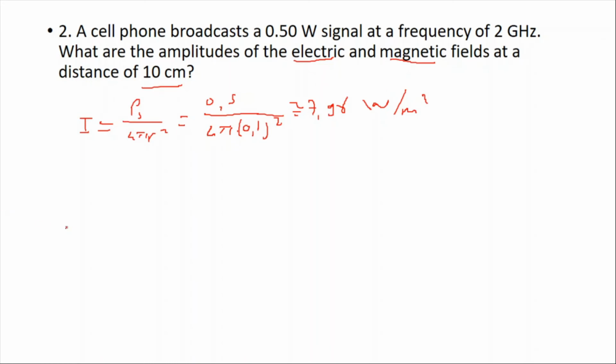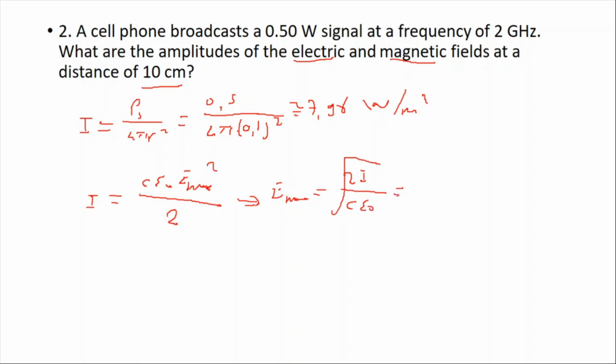Now remember, for the average intensity, we found that it was equal to C times epsilon 0 E max squared divided by 2. From here we are going to find the maximum amount of electric field at 10 centimeter distance. If we rearrange this formula, E max will be equal to the square root of 2 times intensity divided by C times epsilon 0.